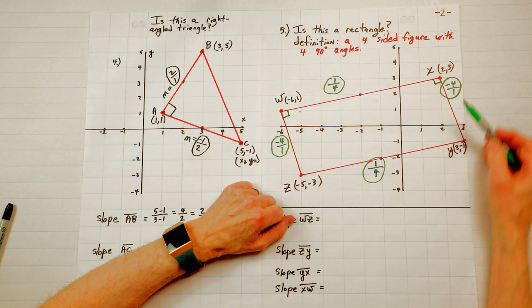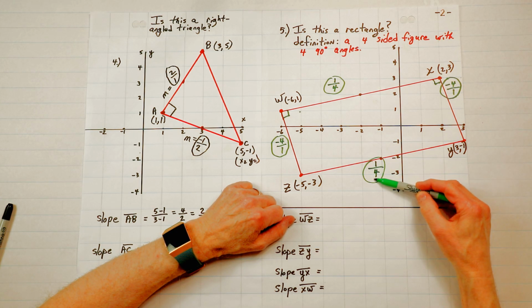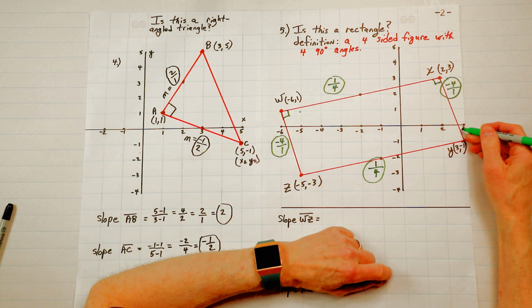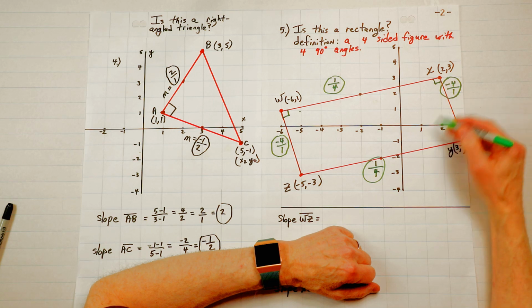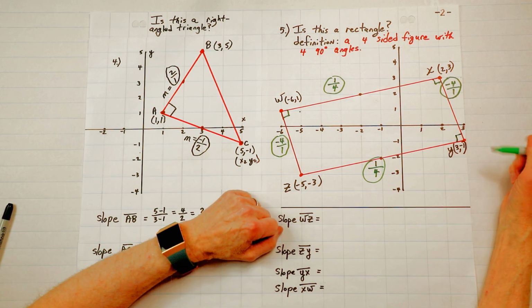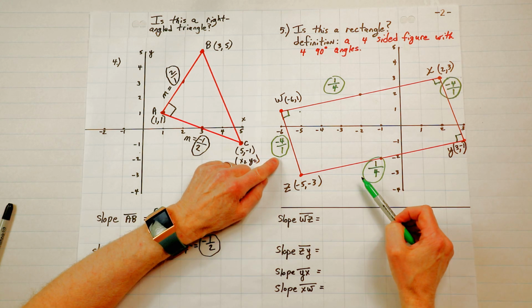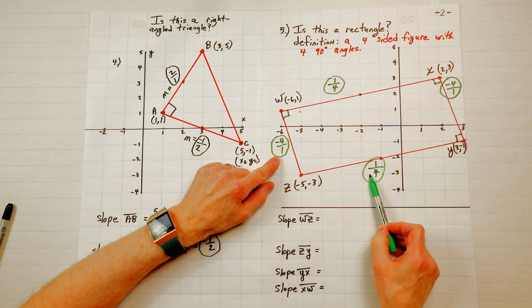Okay, so now this slope, negative 4 over 1 and 1 over 4, they make up this angle. They are negative reciprocals of each other, therefore this is a 90-degree angle. And the last angle, we have to look at these two connecting lines, the slopes of them.